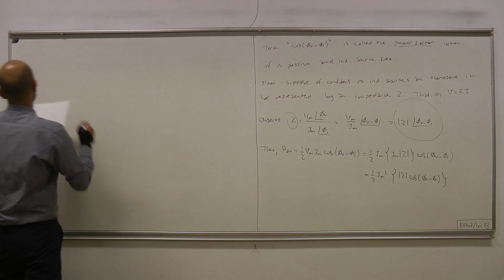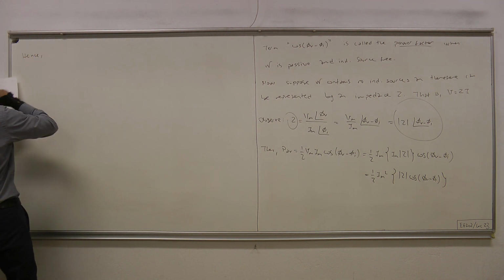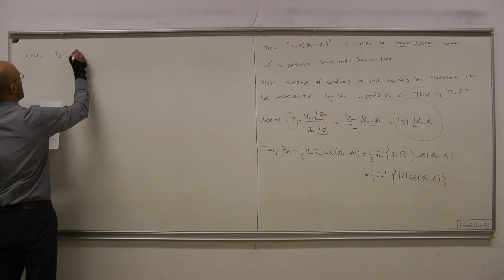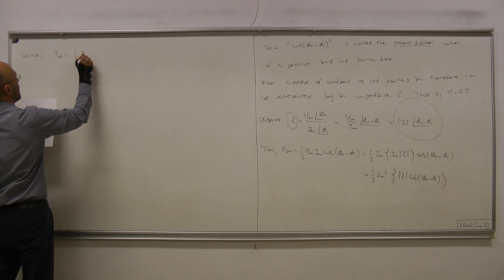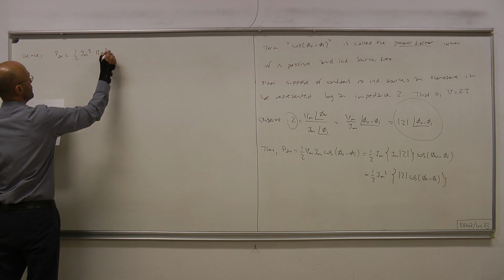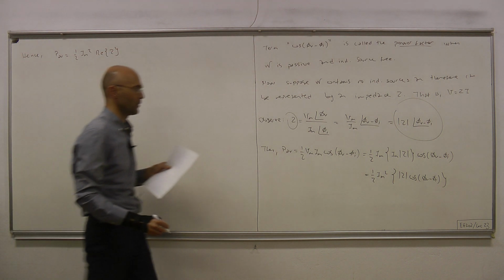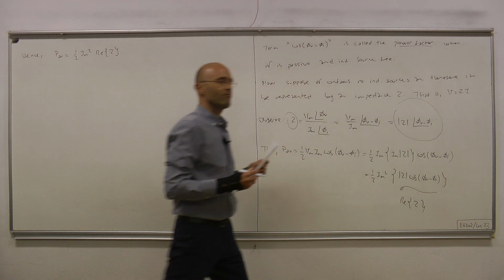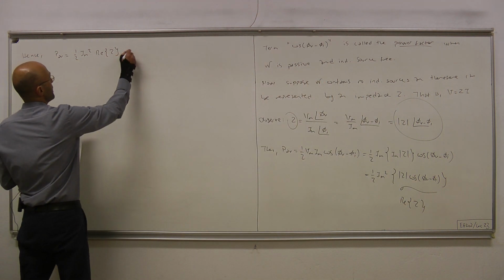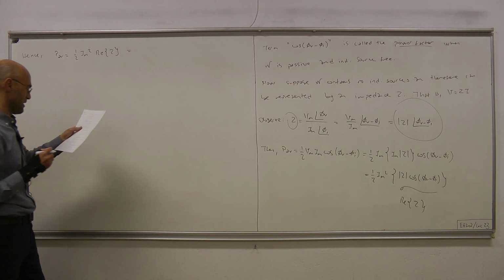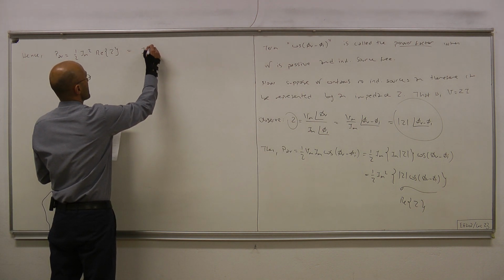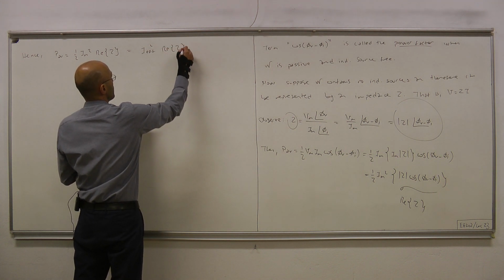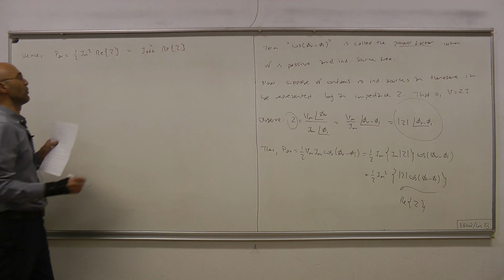Okay, hence P average equals 1/2 Im squared times the real part of Z. Okay, this thing is the real part of our impedance. And in terms of the effective value of the current, it can be written as I effective square times the real part of the impedance or the resistance of the one port.